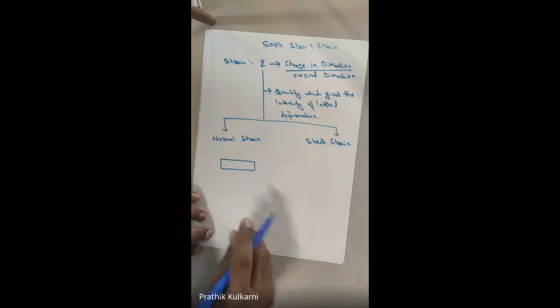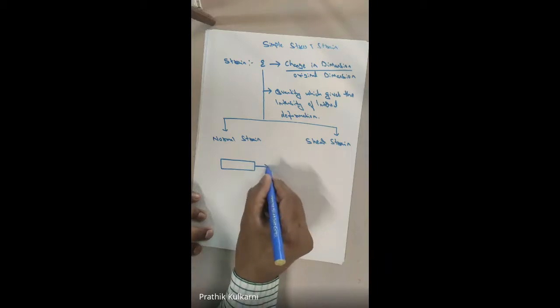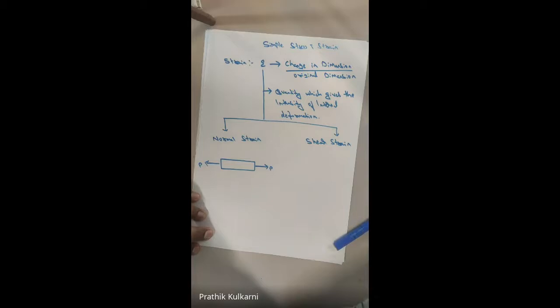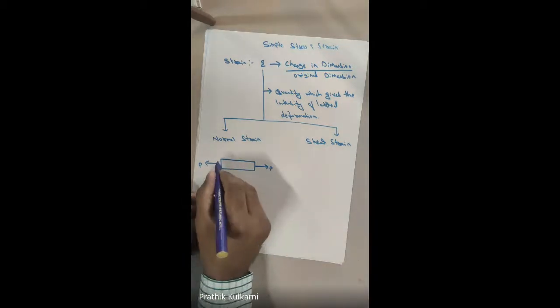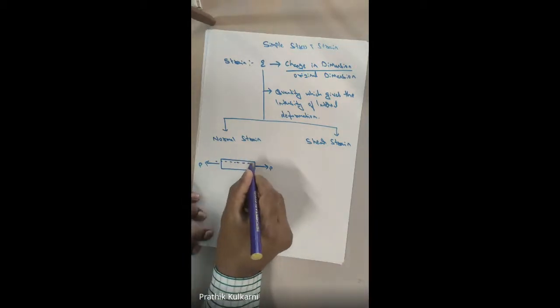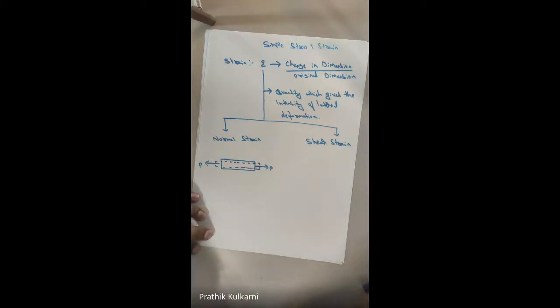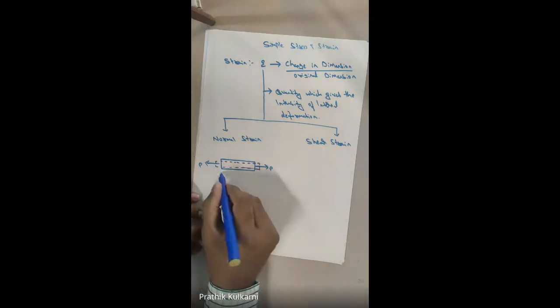if this is my member and whenever I apply a load, what happens to this one? There is a deformation. Fine. So that deformation you can just see. There is a change in its length.